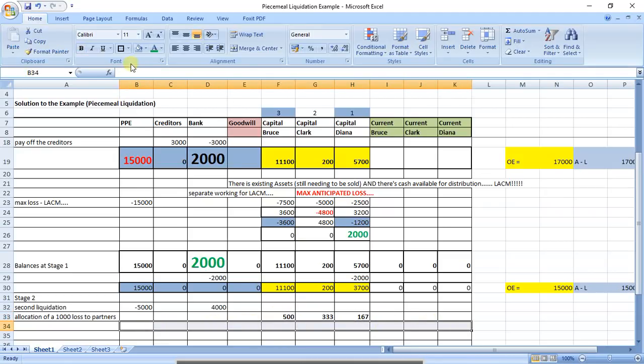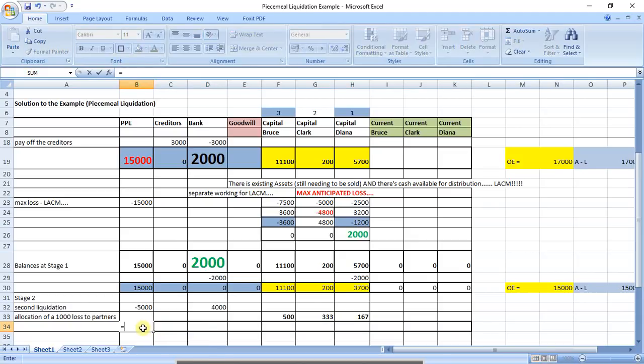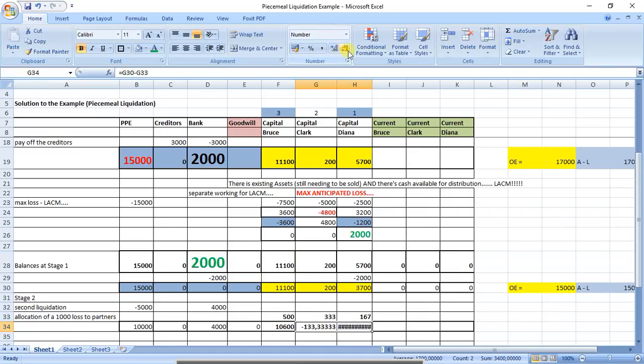So let's put a column for the total again, and if I sum up this, this is a loss, so this minus the loss, and that's what we've got. Let's round off again.